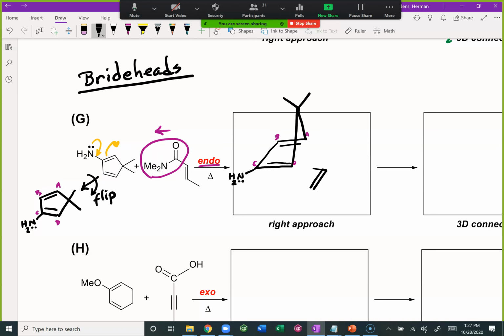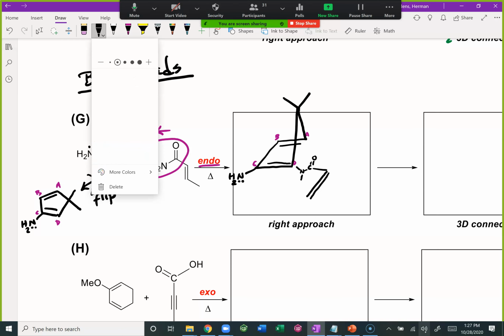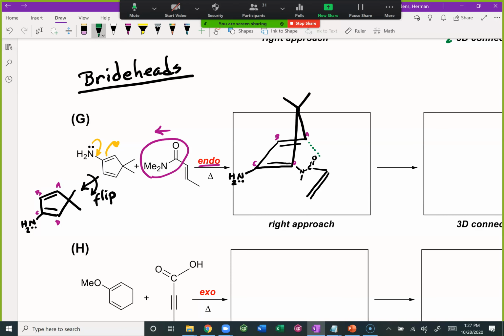So I'm going to put it here, the carbonyl, with 2 methyl groups. Let me drag this double bond longer so that we can see the connections. And now this carbon will attach here, and this carbon will attach here.